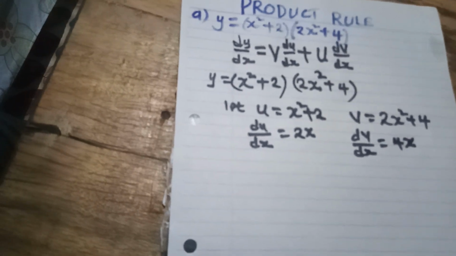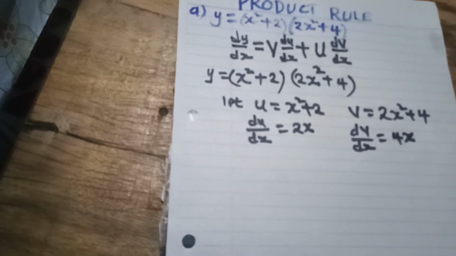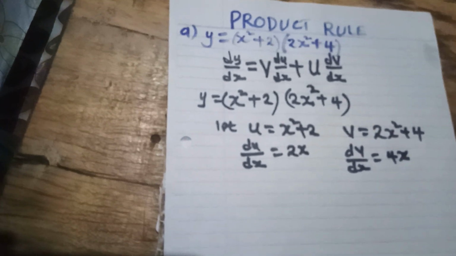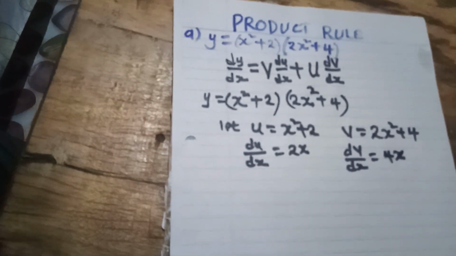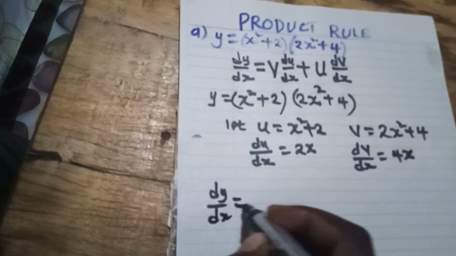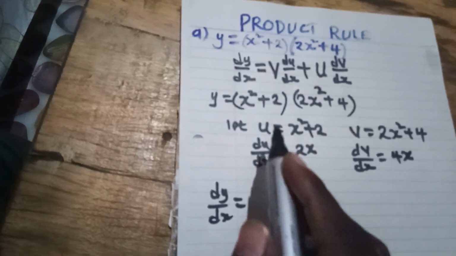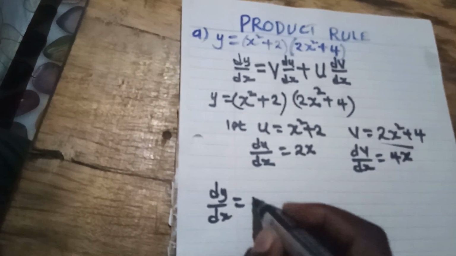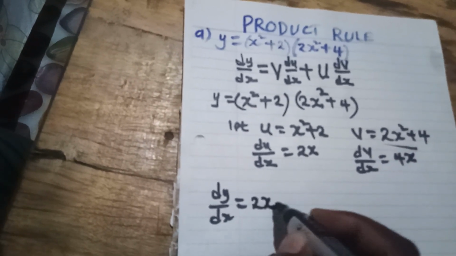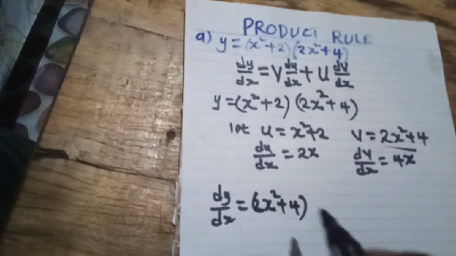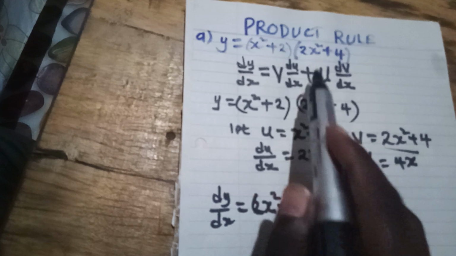Then this now brings us to the general equation of product rule: dy over dx being equal to the value of v, and our v we got as 2x squared plus 4. So we start with 2x squared plus 4 times du over dx.